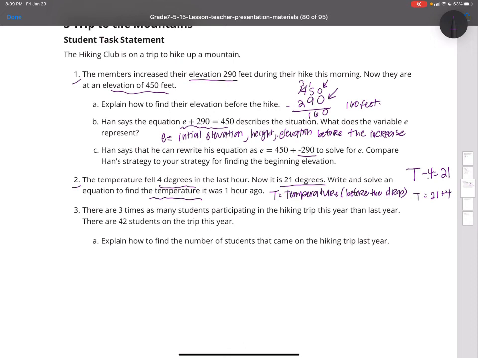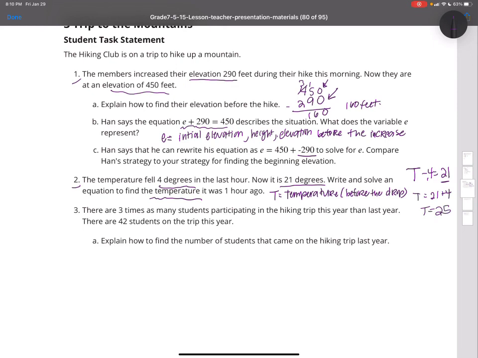Because if I was to add 4 back to the total that's left over, it would give me the temperature it was before it dropped. Okay? All right. Now, negative 4 and positive 4, they're additive inverses to each other. But needless to say, let's finish the problem. I don't want to confuse y'all too much. But T equals 21 plus 4. T is equal to 25.